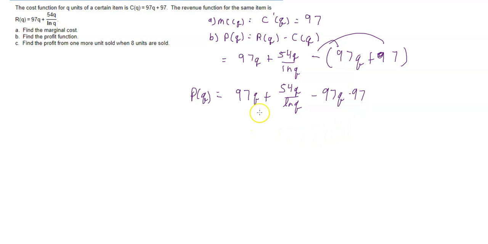Now notice that when I combine like terms, then my profit function becomes 54Q divided by the natural log of Q minus 97. So then this in here becomes my profit function.